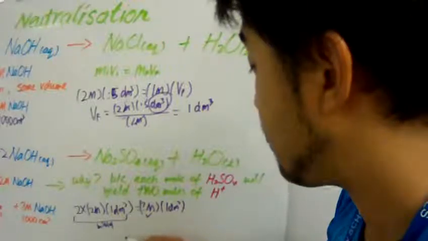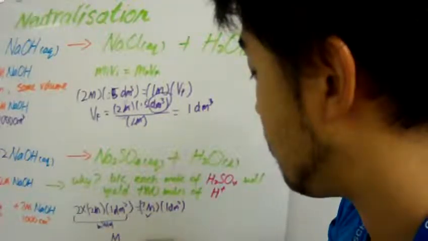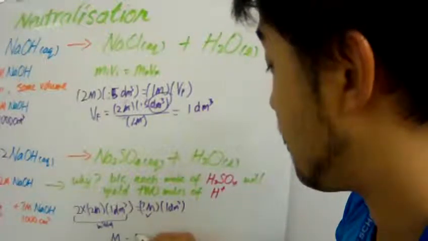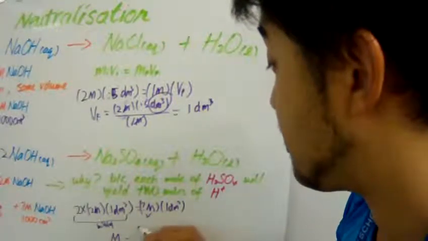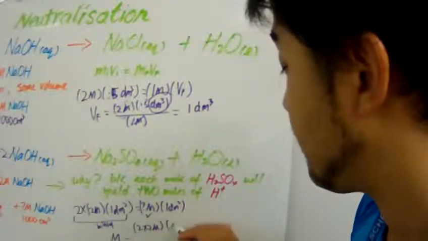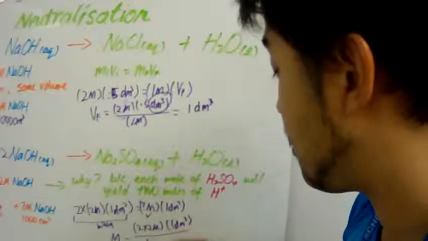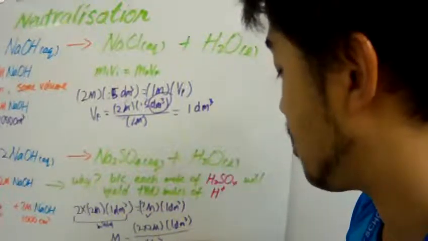So what do we get right now? We can get the final molar concentration to be 2 times 2 moles of the sulfuric acid multiplied by 1 cubic decimeter over 1 cubic decimeter.